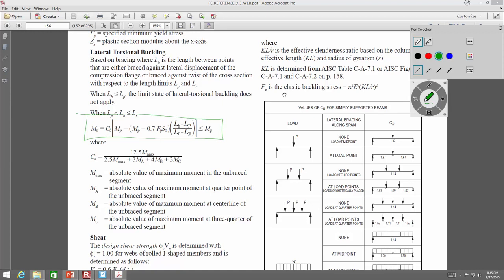So no matter what, you are limited to MP. But for our problem, CB is 1, right? So because CB is 1, really our expression is this stuff in the parentheses, right? Fair statement? All right. So I'm going to do a little bit of computer magic here.